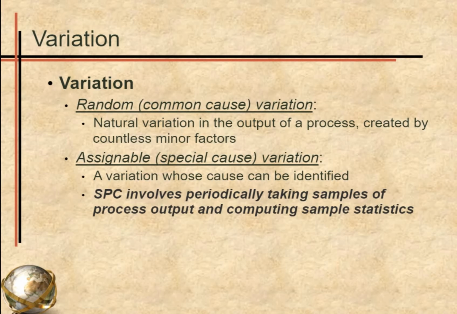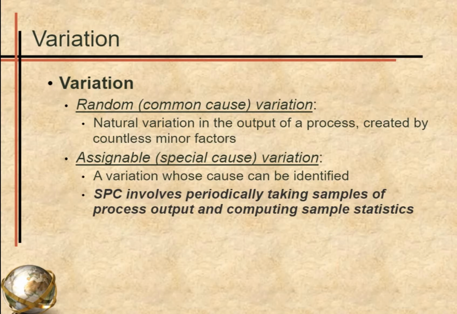There's another part that we call assignable variation. That means we can identify the factors that lead to the variation. After we identify those factors, we can work on them. So the first, random variation, is something we cannot identify. There's nothing we can work on.